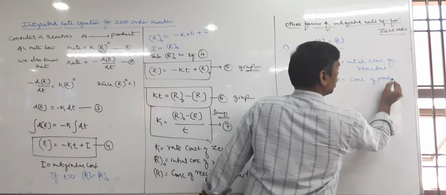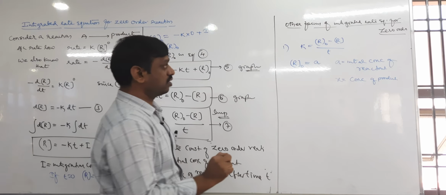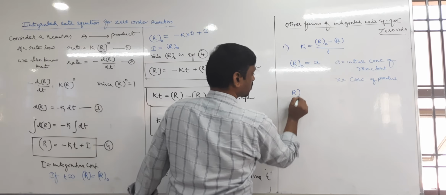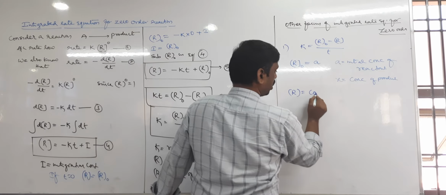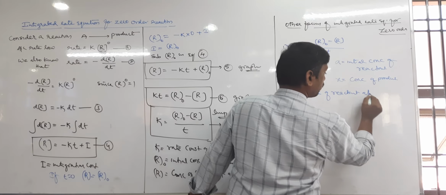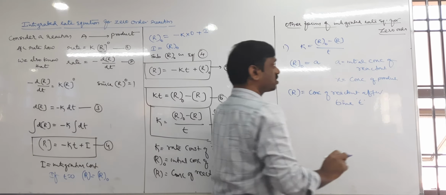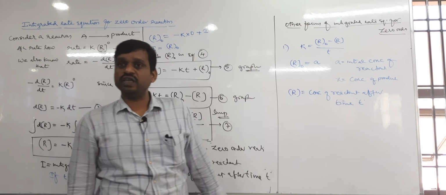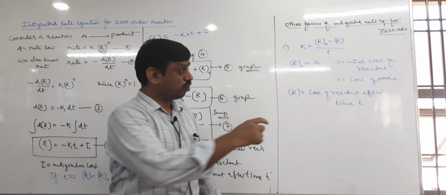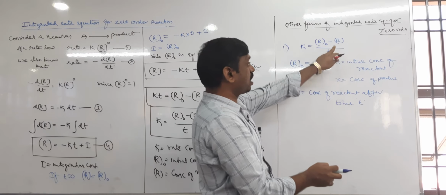Then tell me, if x is the concentration of product, then what is R actually? R is the concentration of reactant after time t. But actually we have the concentration of product. Then how do you get the concentration of reactant after time t?